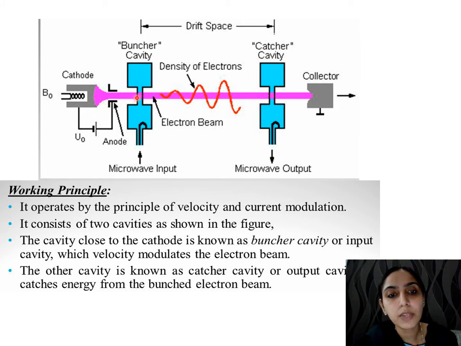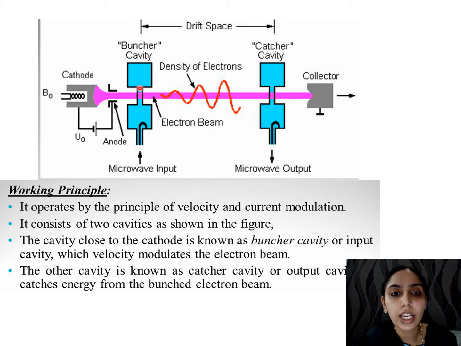Now what happens when the electrons pass inside the buncher cavity? If the electrons pass at zeros of the gap voltage or zeros of the signal voltage, they come out of this cavity with no change in velocity.